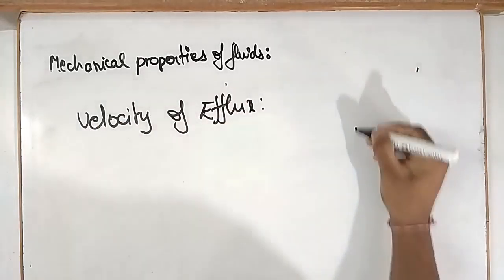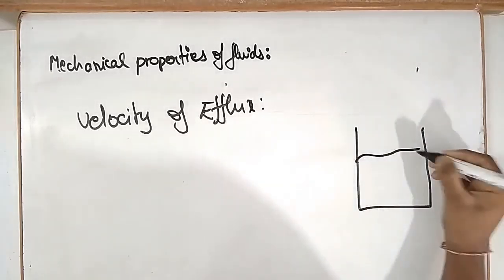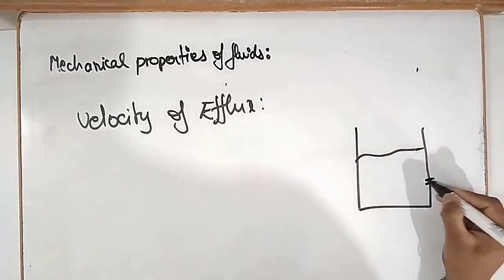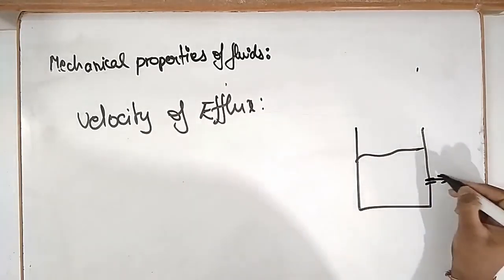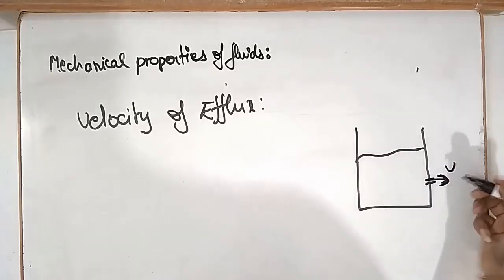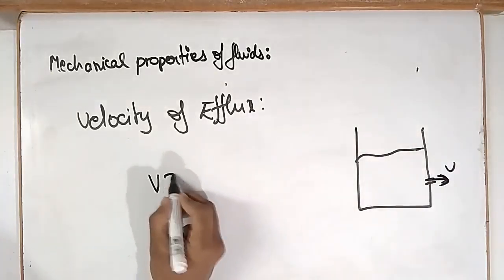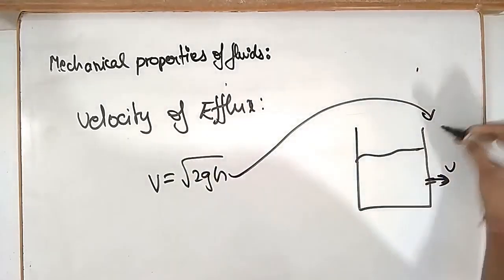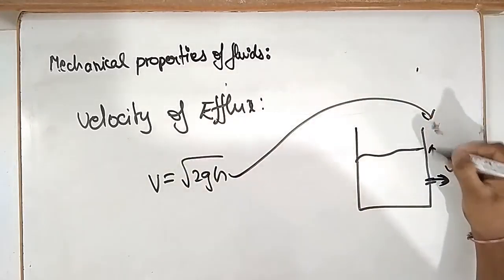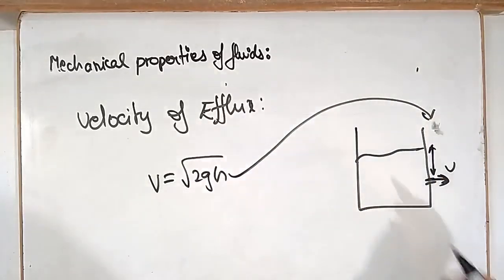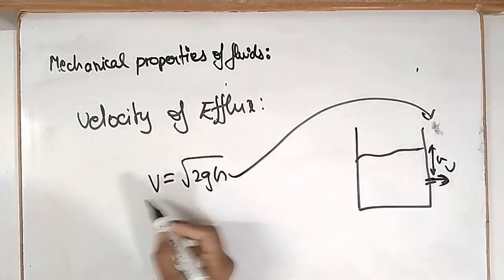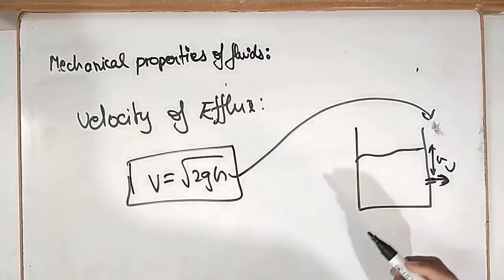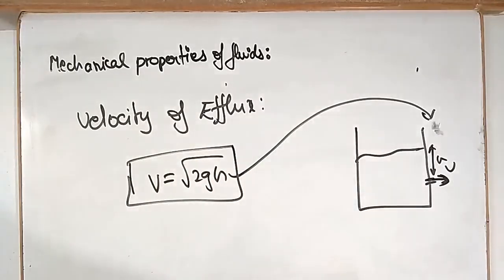If you consider a container with water or any liquid and you have a small opening, the water coming out at this point with velocity v is given by v equal to root over 2gh, where h is the height from the top of the container. So this is the final formula of mechanical properties of fluids, and with this the revision is over. Thank you.